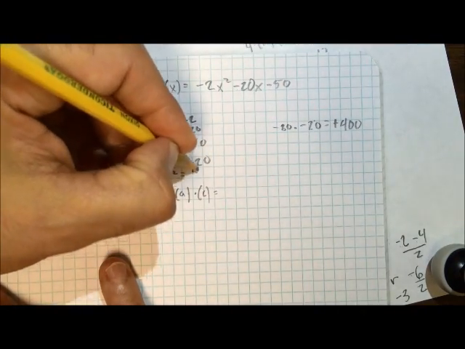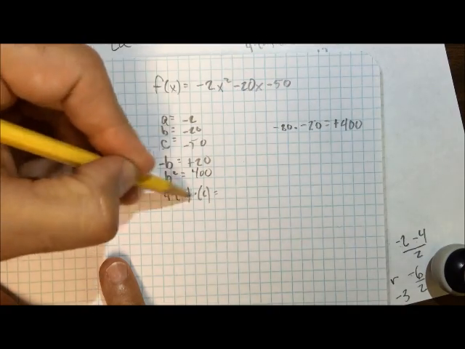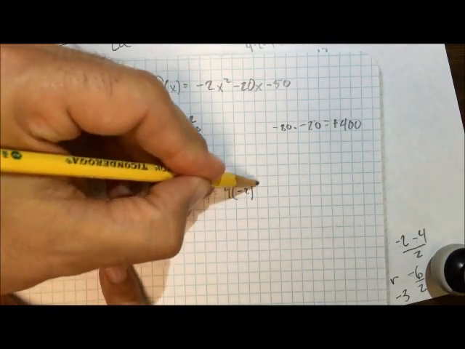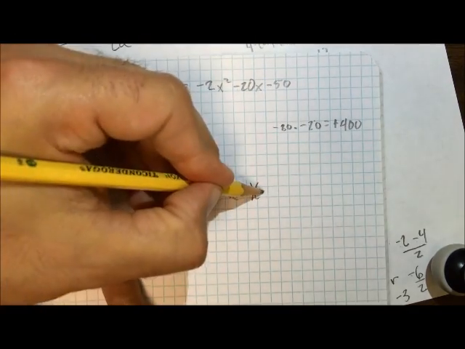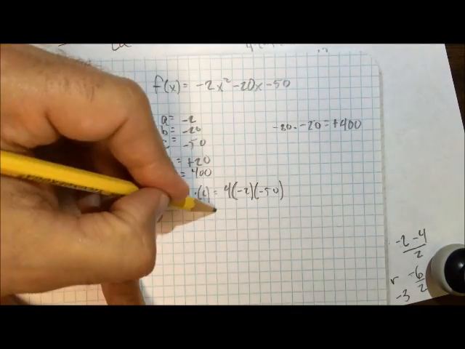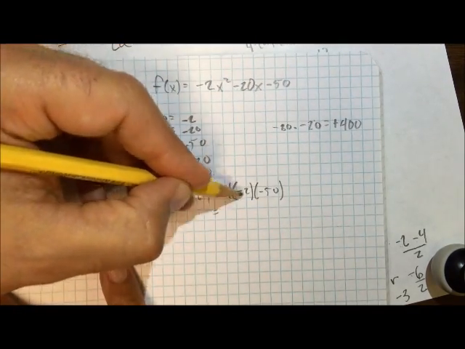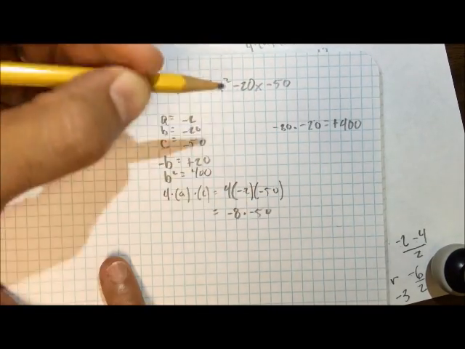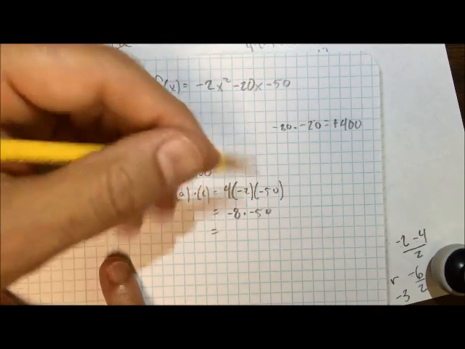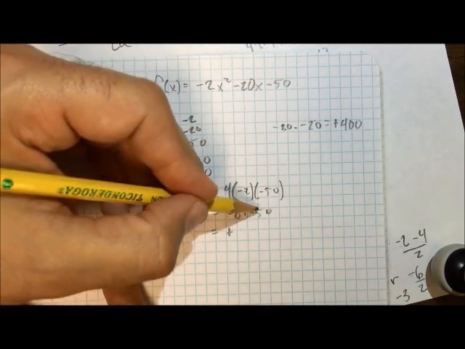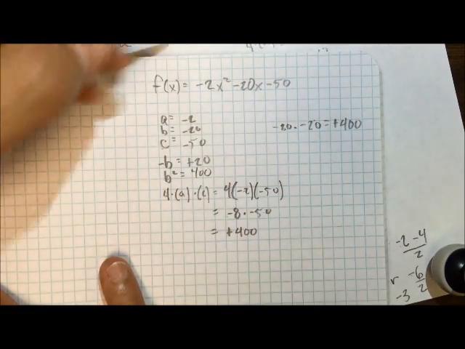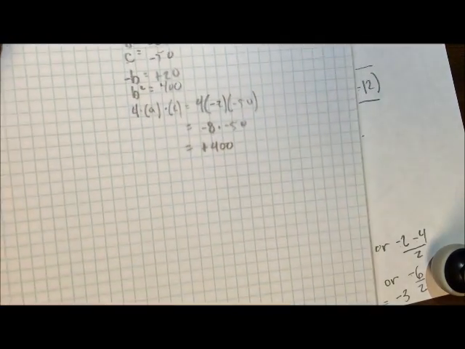So we're going to put 400. 4AC: 4 times A is negative 2, times C, which is negative 50. So 4 times negative 2 is negative 8, times negative 50. A negative and a negative is a positive, and 8 times 50 is 400. Oh, that's interesting, 400 and 400. Let's see what happens there.